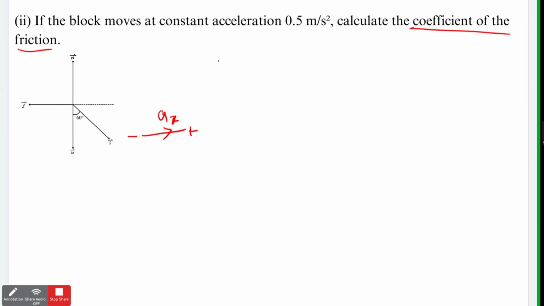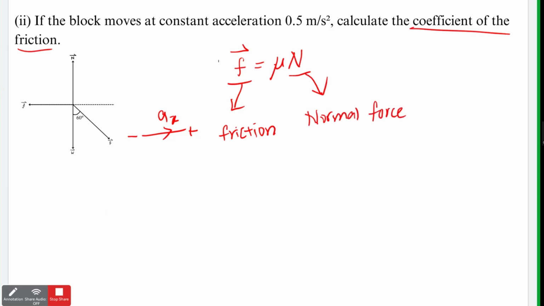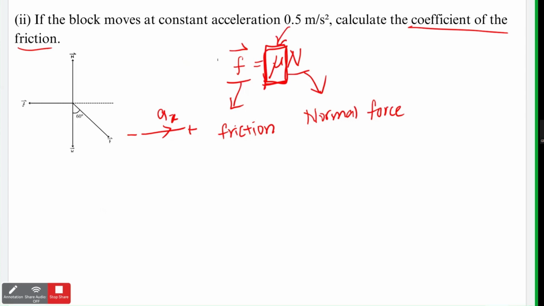We can get it from the formula F equals mu N. F means the frictional force, and N indicates the normal force. The symbol mu is the coefficient of friction. The question asks us to find out mu.